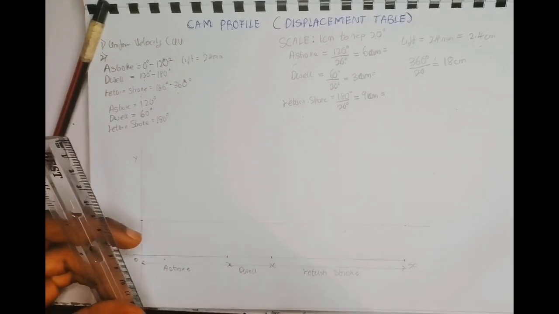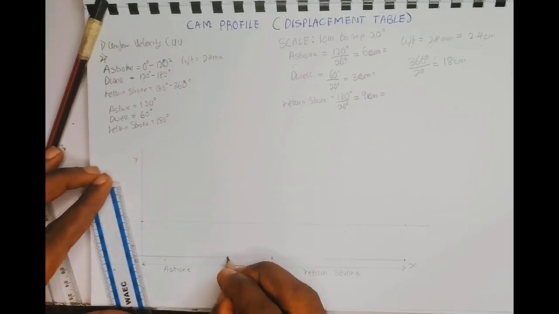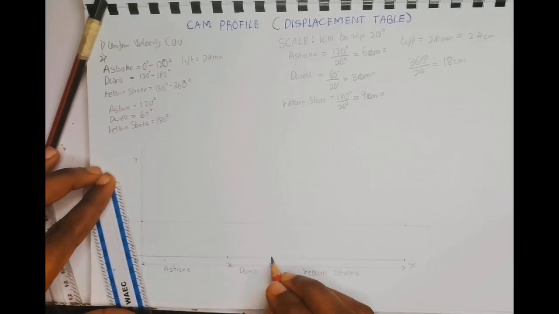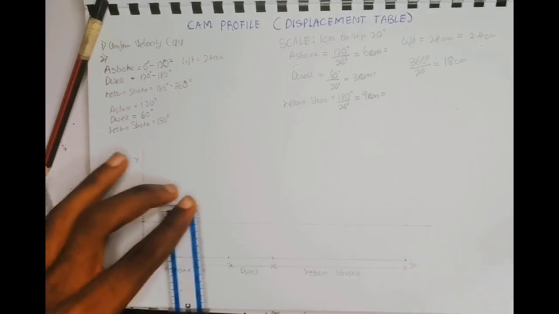You project lines upward from the point of the A stroke, the point of the dwell, and the point of the return stroke.